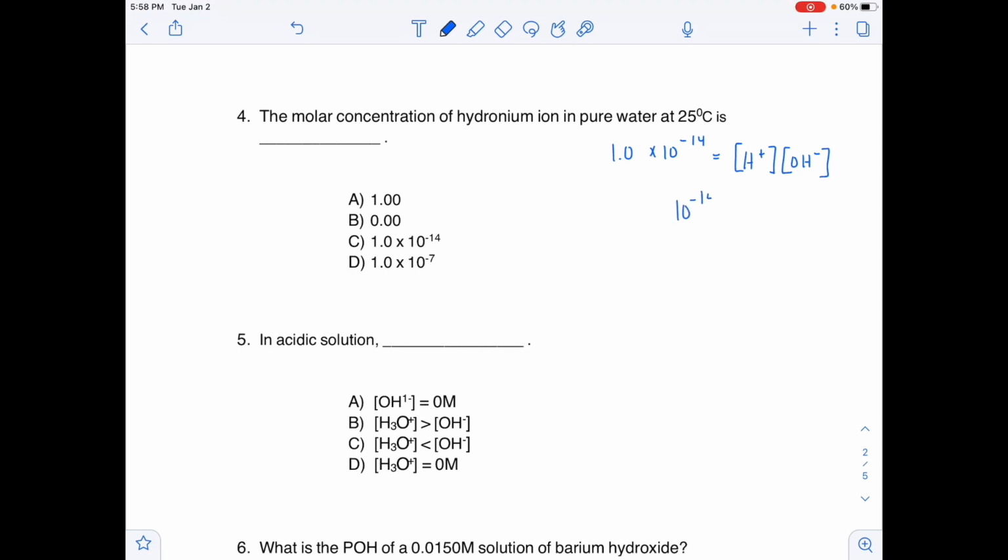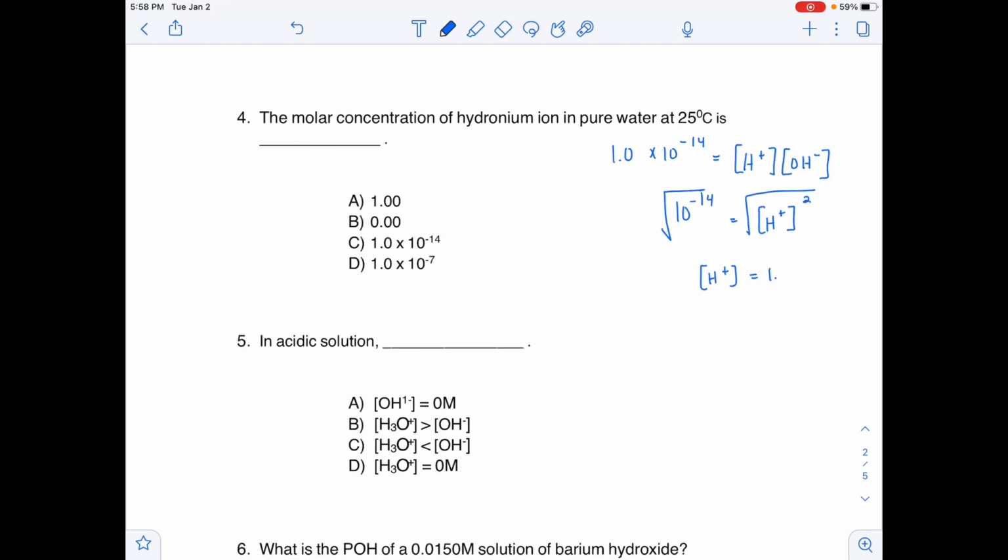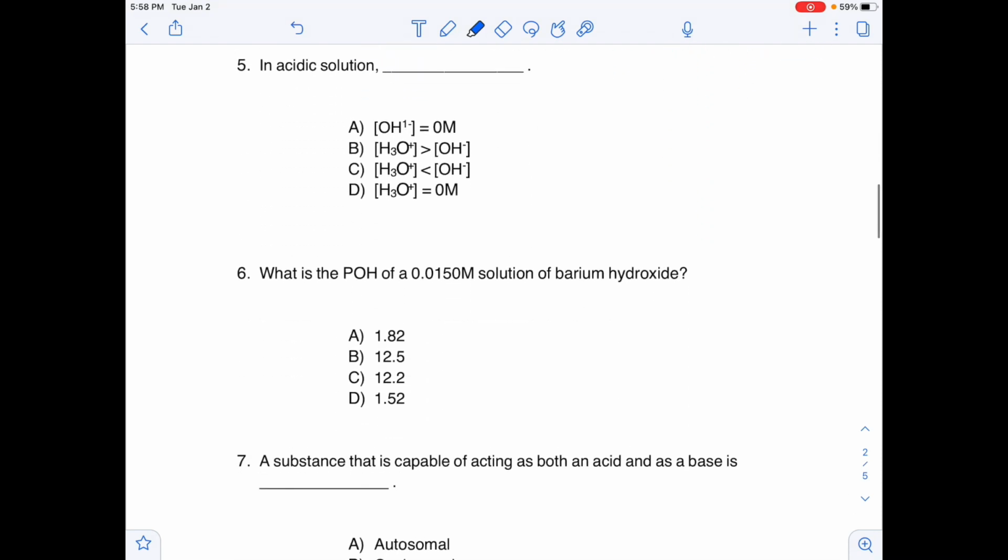And then we can basically just take the 10 raised to the negative 14th equaling H plus squared, and then we take the square root of it, and we get that the concentration is going to be 1.0 times 10 to the negative 7th. So the correct answer is going to be D.